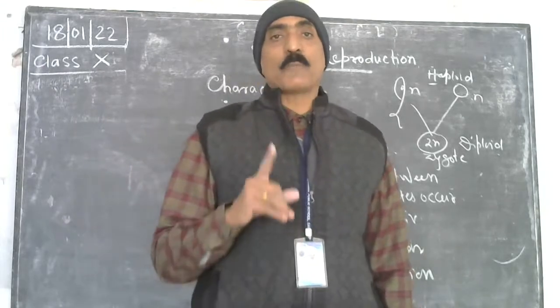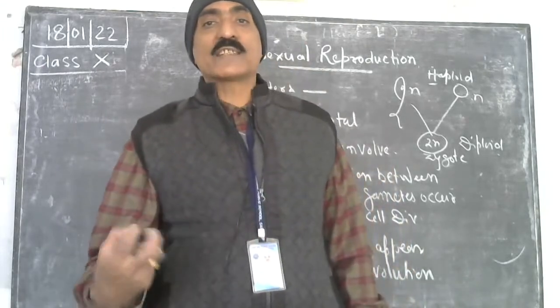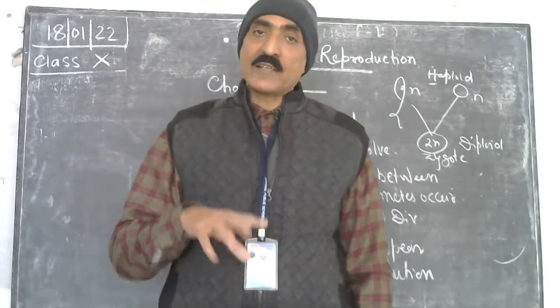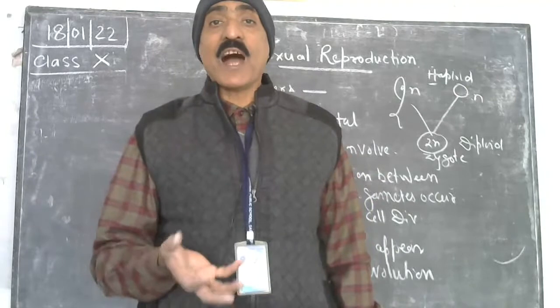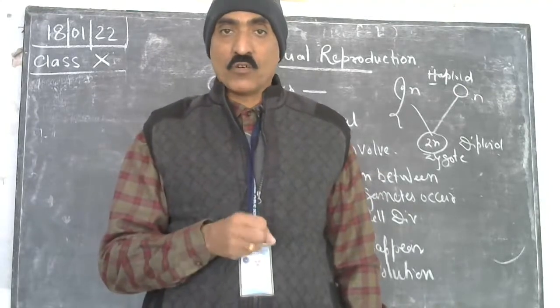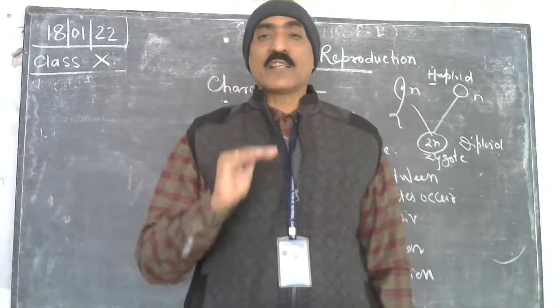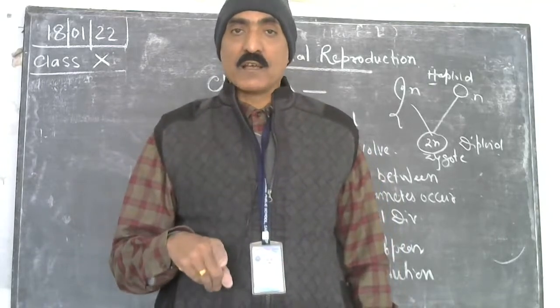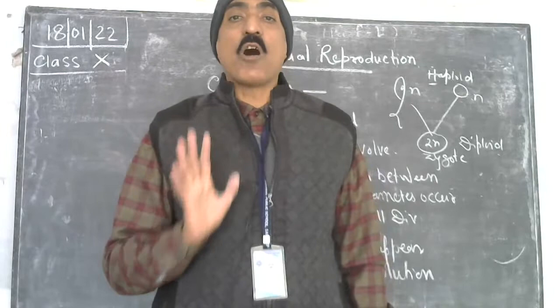Gamete formation in the female is called oogenesis, by which ovum is produced. In plants, this is called megasporogenesis. This is the way by which meiosis division occurs, and through meiosis, gametes are formed.